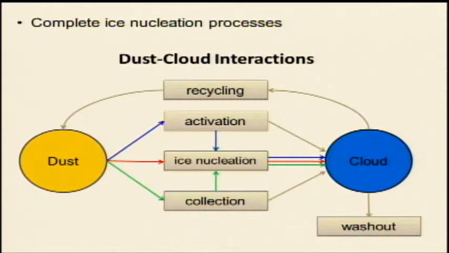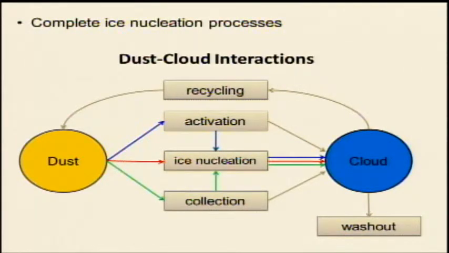In this model, we also consider the collection of cloud drops by dust, and of course, the dust collected in the cloud drop can activate the cloud drop into ice if the temperature becomes cold enough. That's the so-called immersion freezing. We also consider the activation of dust into cloud drops.